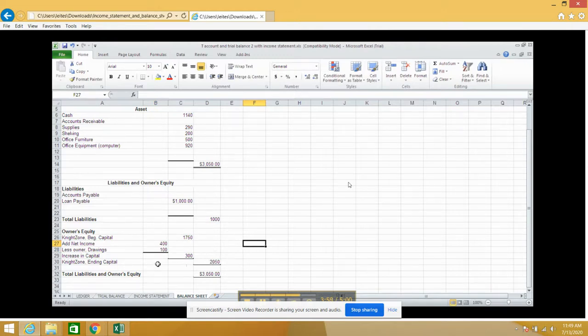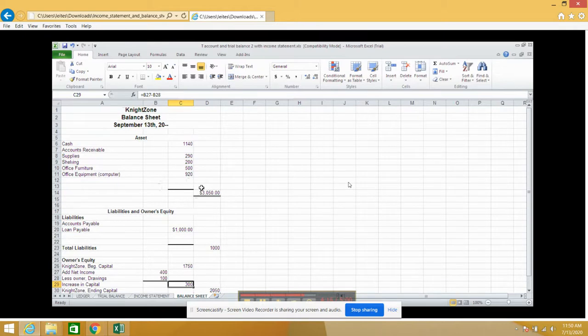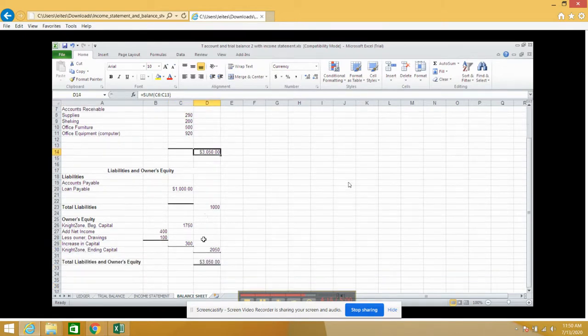And looking at the new capital section, the new ending balance for capital is $2,050. Recall that we started with $1,750. We've had a net income and some money taken out for drawings, so we had an increase in capital of $300. Notice how in our assets they do balance at $3,050, and our total liabilities balance as well at $3,050.